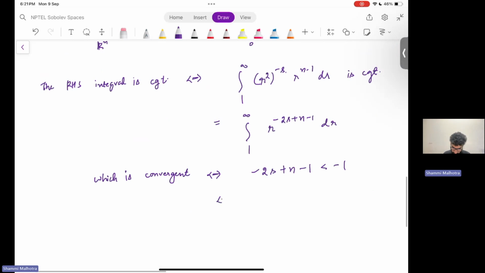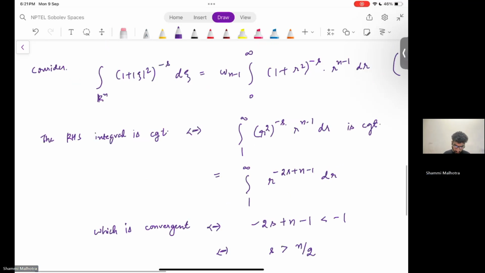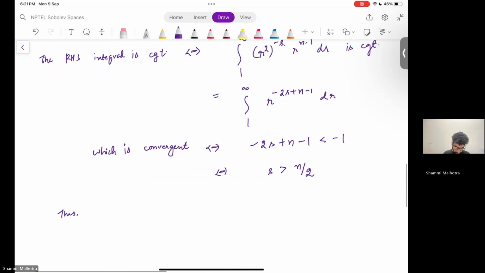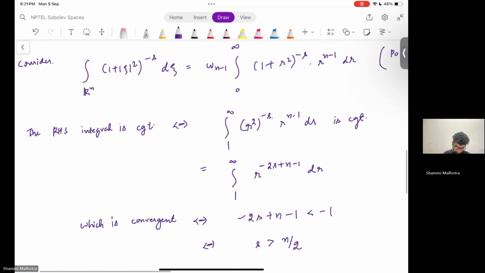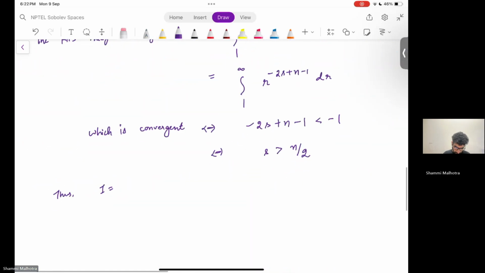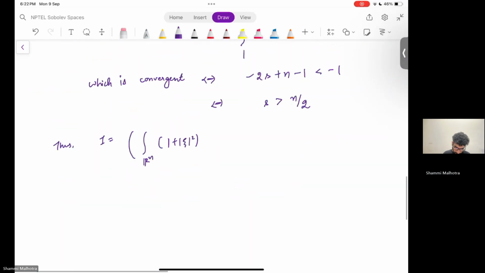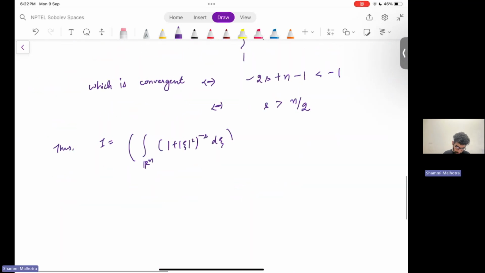This holds if and only if s is greater than n/2. But that is what we have just assumed in our question. Thus the integral of (1 + |xi|^2)^(-s) d xi, to the power half, is finite.